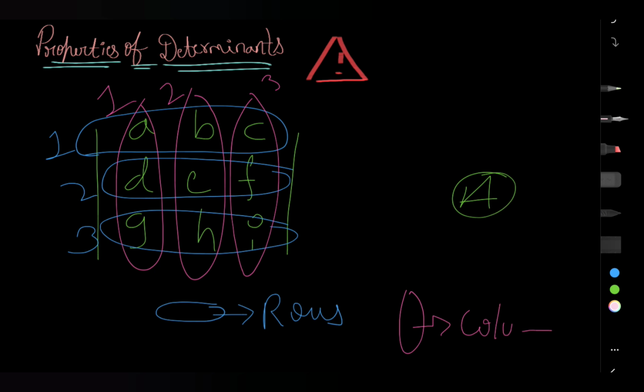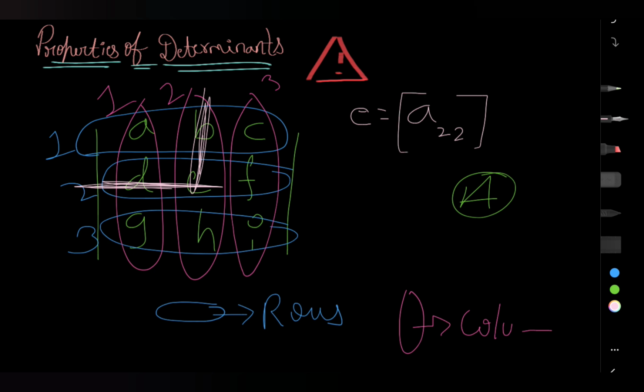Here, if I take E, which row and which column does it belong to? It belongs to the second row and second column, so we'll represent it as A22, and we will put a square bracket like this.